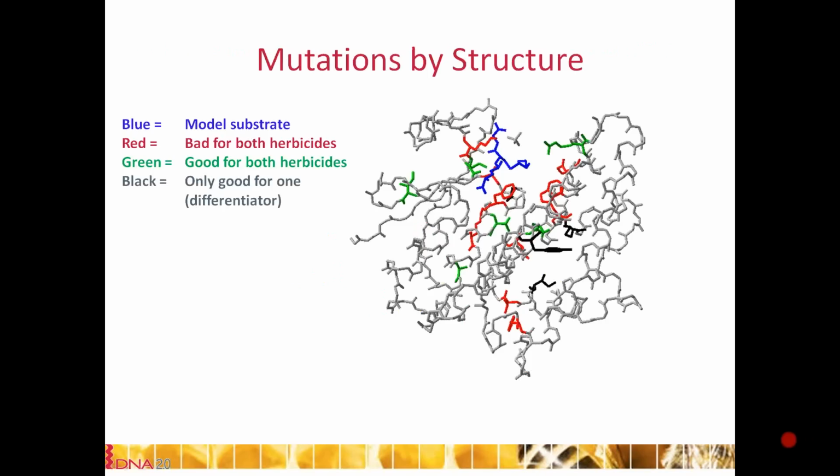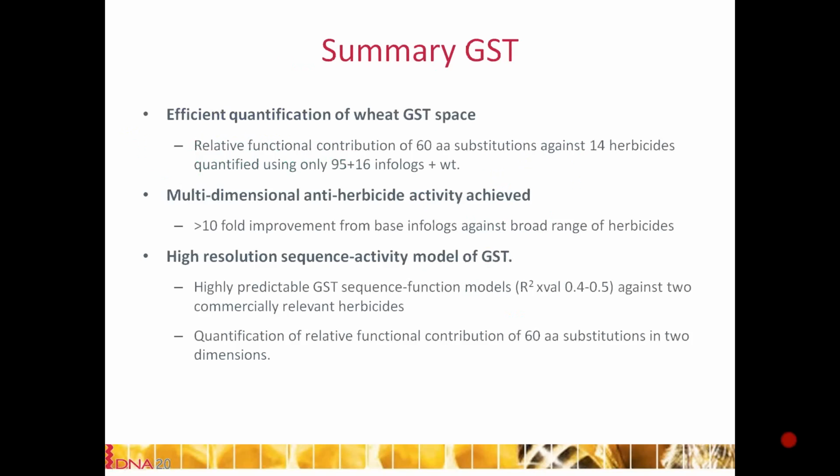But I don't really. The point here is that structure doesn't really help you much in trying to understand what's going on, but you really need the heuristic data to build the understanding of the navigation space. So in summary for the GSTs, we used in this case on the order of 60 amino acid substitutions, and used that against 14 herbicides to build an activity profile of the interaction between the enzyme and compound.